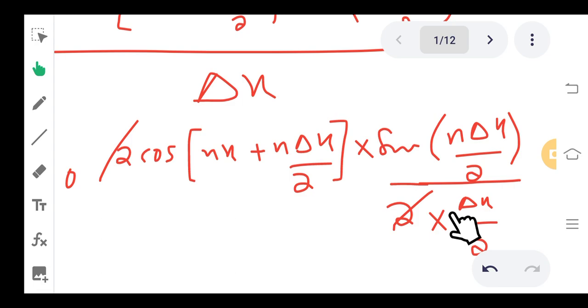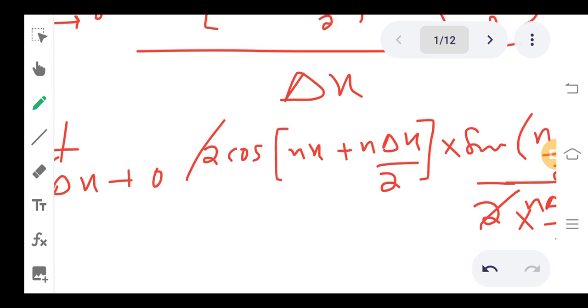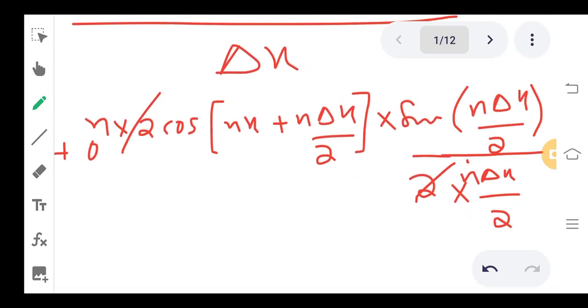So what we have to do is multiply here the n. So we are multiplying also here the n, because this can cancel out, but we have to make the same form of the limits.